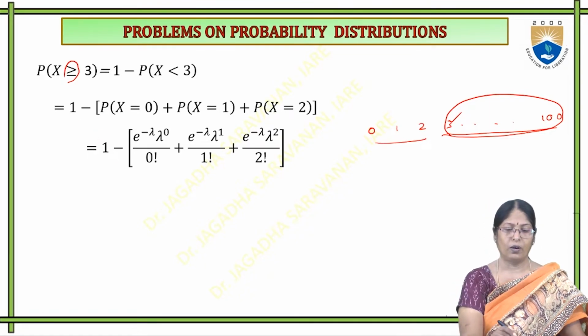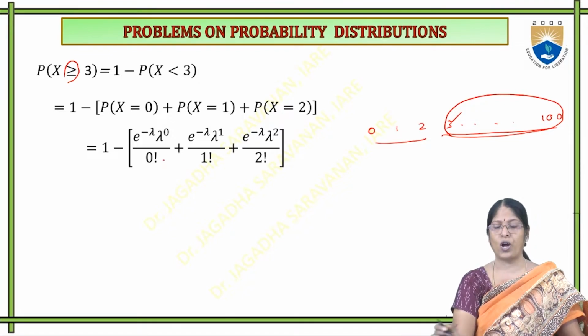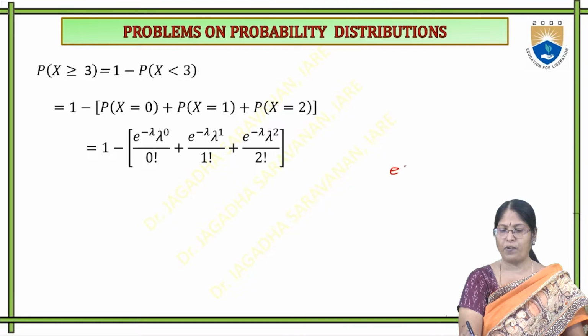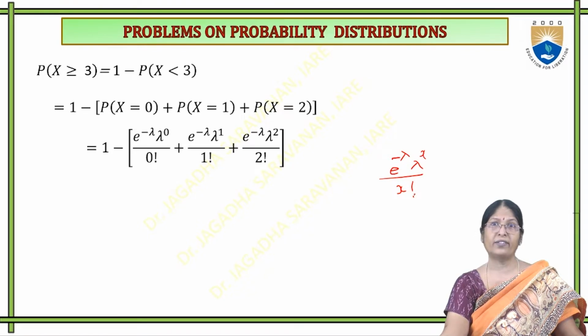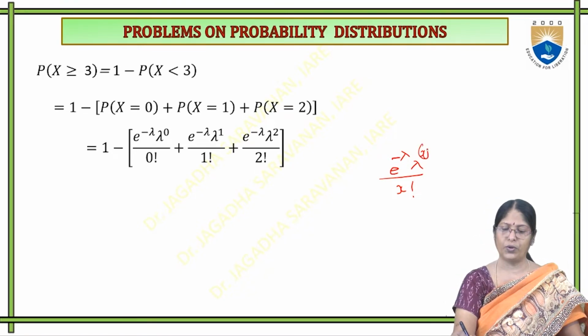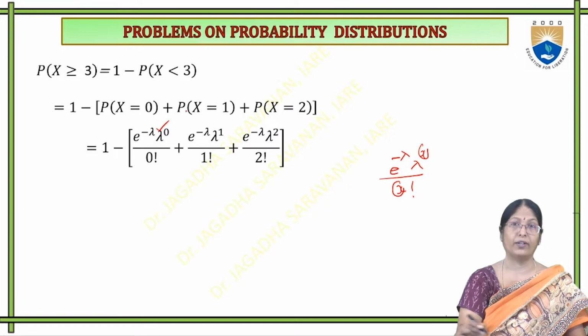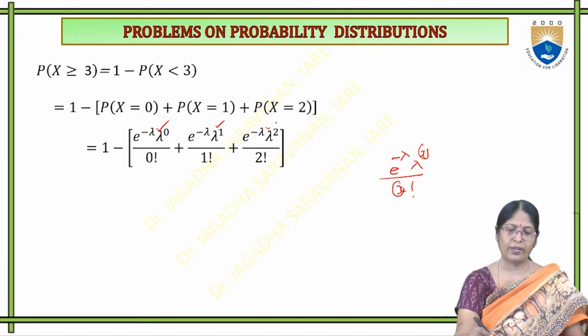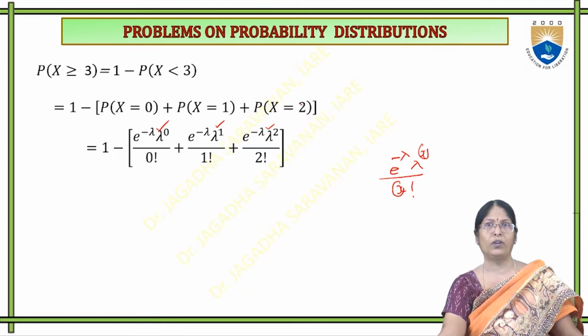Now we know the Poisson formula: e power minus lambda, lambda power x by x factorial. First x takes the value 0, then x takes the value 1, and x takes the value 2.